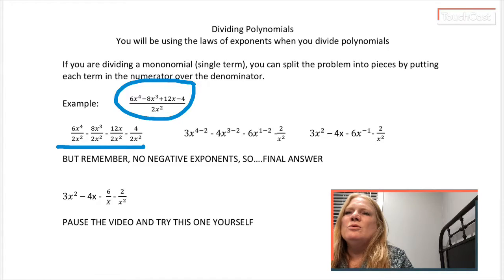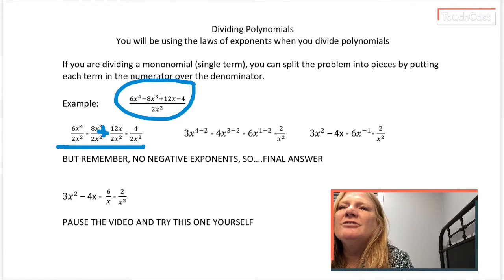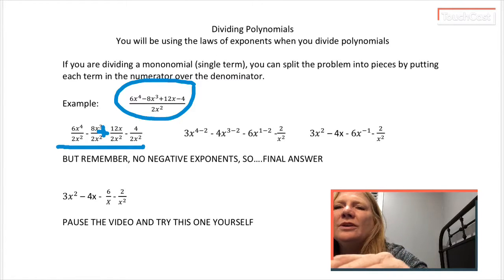Make sure you're careful with what sign to put between which item. I already noticed here that this should be a plus right here. This is kind of a fat pen, but that right there should be a plus. So be careful there. I'll fix that in the rest of it, including the plus 6.